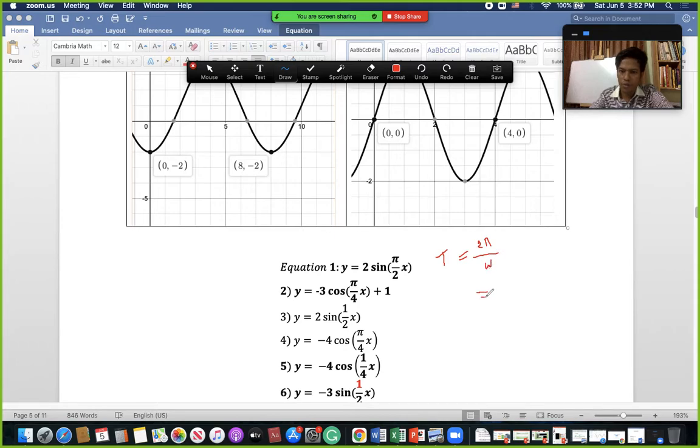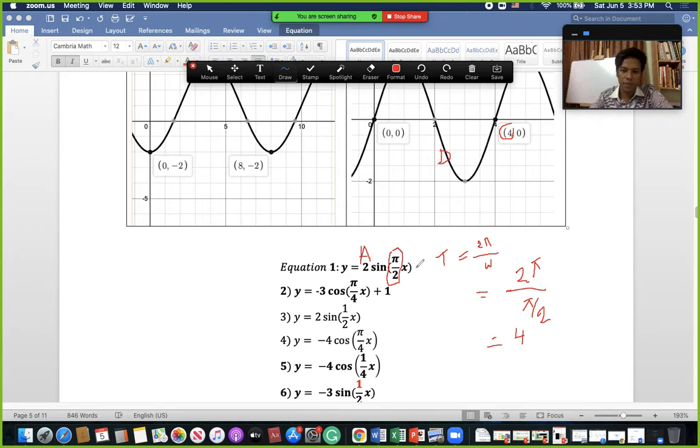This is the omega value, and this is the amplitude. So you put 2 pi divided by omega equals 2 pi by 2. Then the 2 goes up, the pi cancels out, so we have 4 here. So our period is 4, which is D.